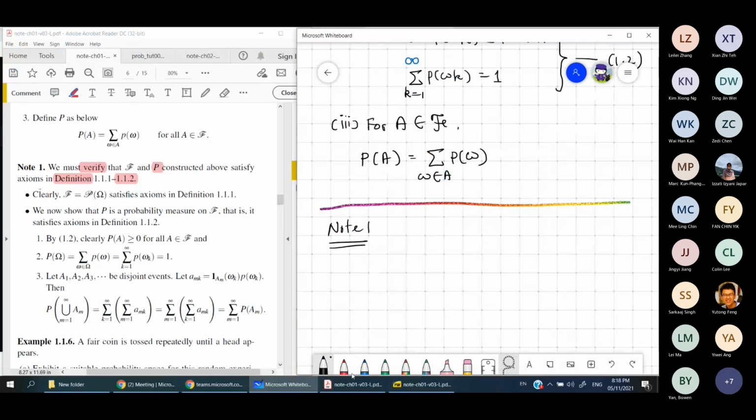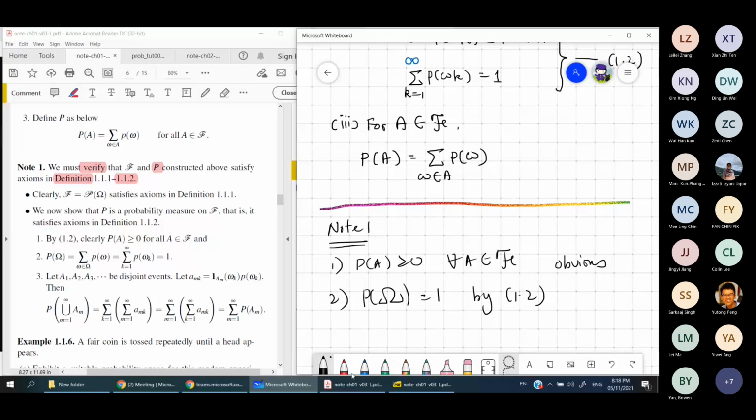One by one, I think it's clear. P(A) is greater than or equal to 0 for all A in here, so this is obvious. And also P of omega is equal to 1, so this is directly by 1.2.